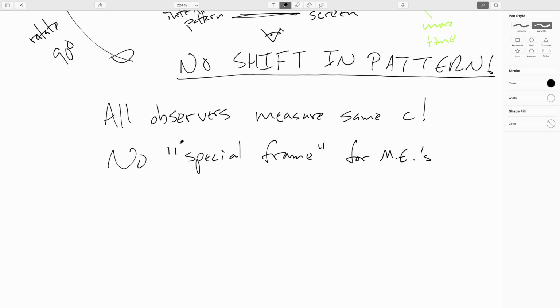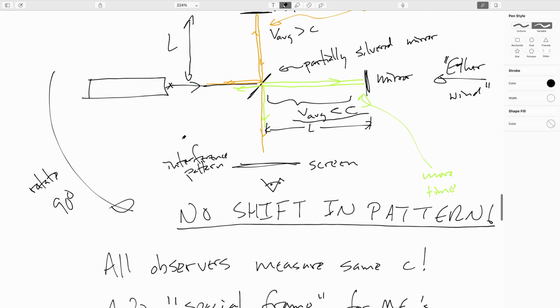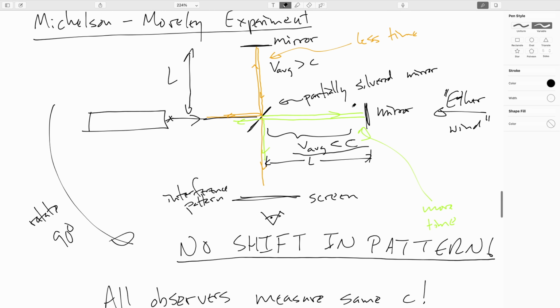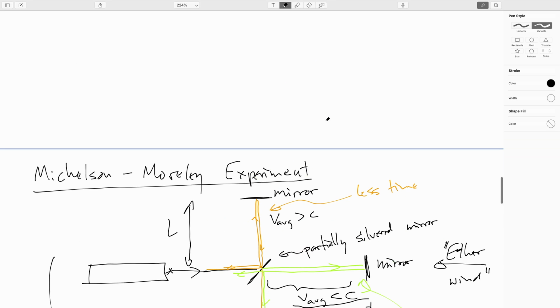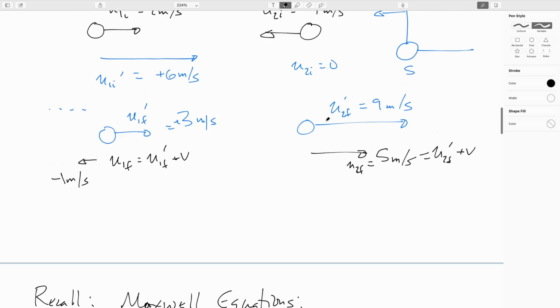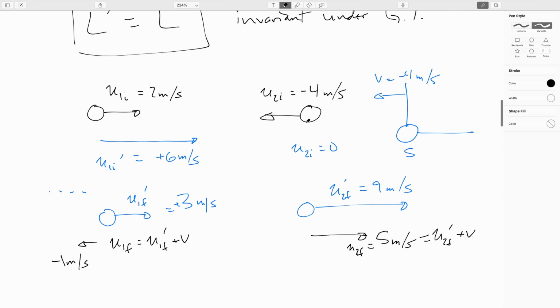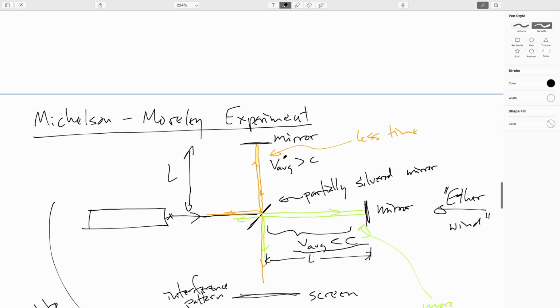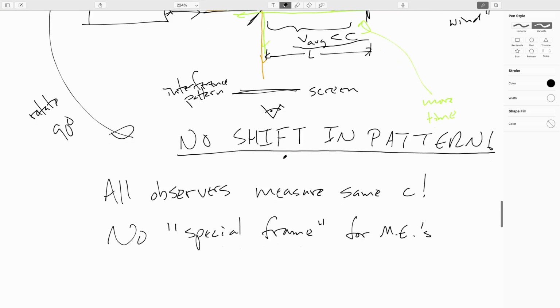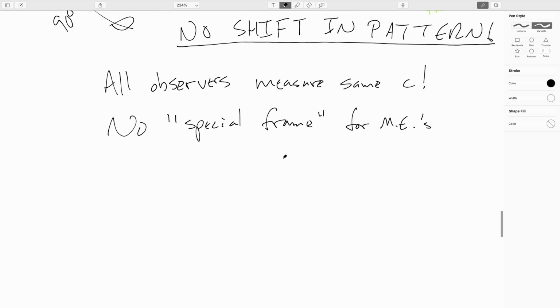So where did we go wrong? Well, the only place we can look back is thinking about this bit right here. Remember, we were saying this ether wind thing was the same difference as doing these kind of boost in and boost out calculations under the Galilean transformation. So the idea was we were boosting to a hypothetical special frame and then boosting back out.